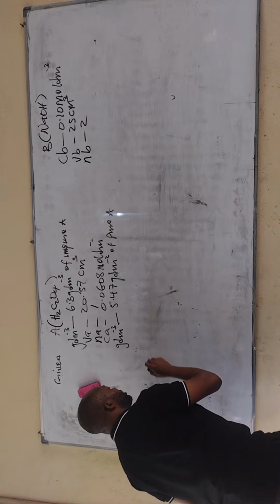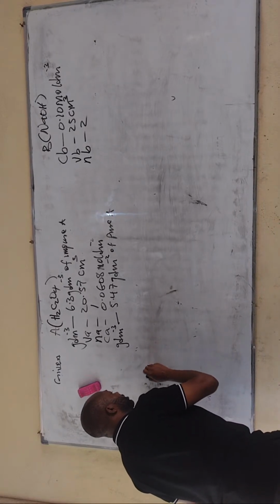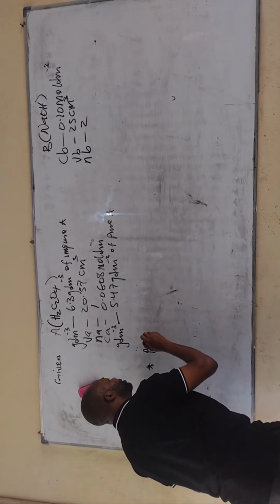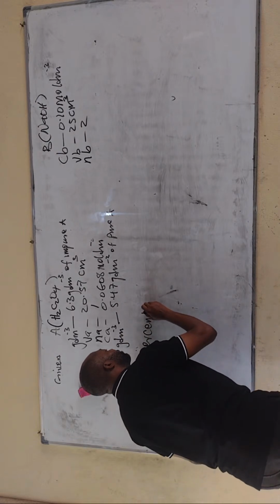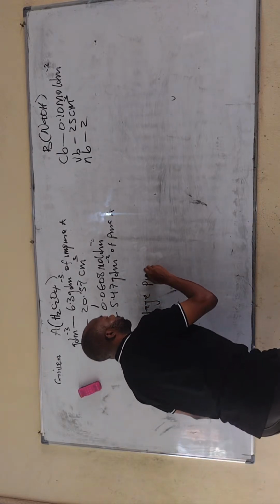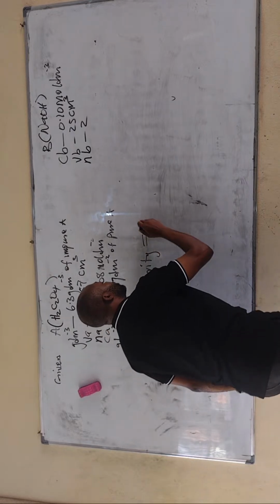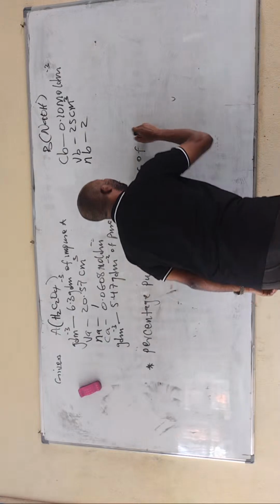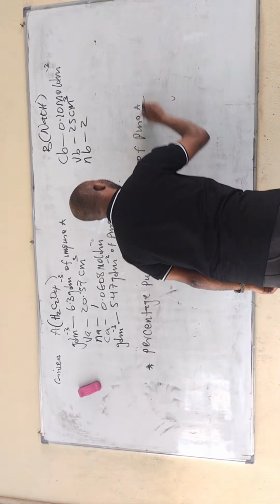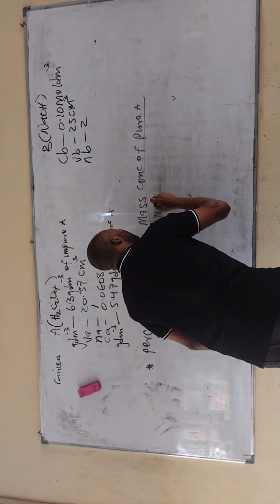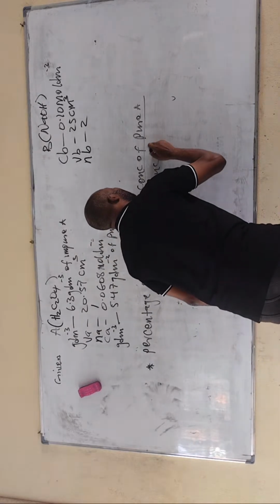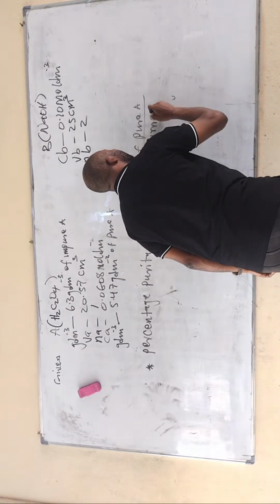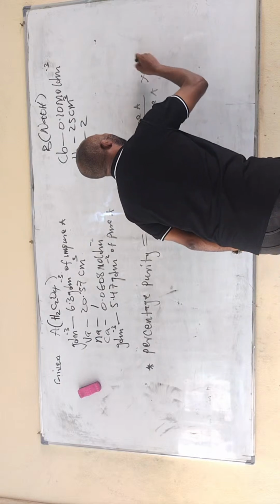Now, the next question says, let me start it. Percentage purity is equal to mass con of pure A over mass con of impure A times 100.